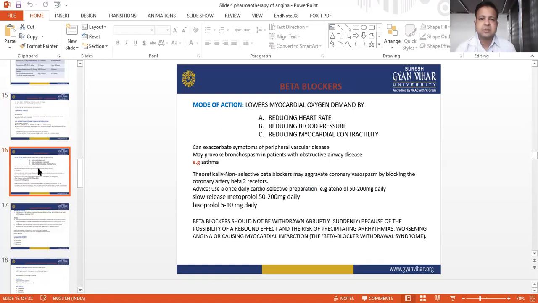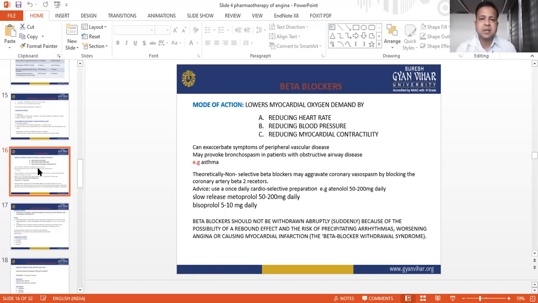Beta blockers. Mode of action: lowers myocardial oxygen demand by reducing heart rate, reducing blood pressure, reducing myocardial contractility. Can exacerbate symptoms of peripheral vascular disease, may provoke bronchospasm in patients with obstructive airway disease such as asthma.